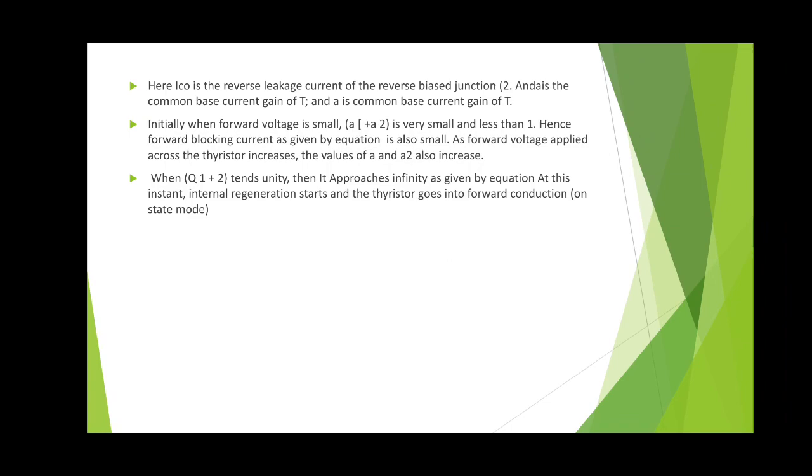Hence the forward blocking current is given by this equation. As the forward voltage applied across the thyristor increases, the values of alpha 1 and alpha 2 also increase. When the sum alpha 1 plus alpha 2 tends to unity, ID approaches infinity, as given by the last equation.